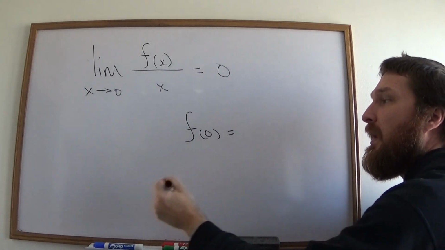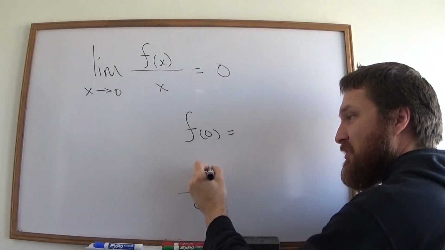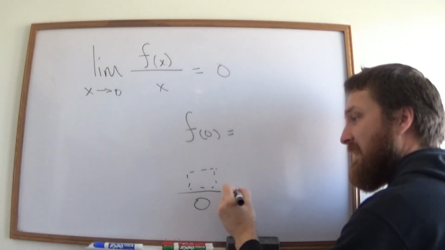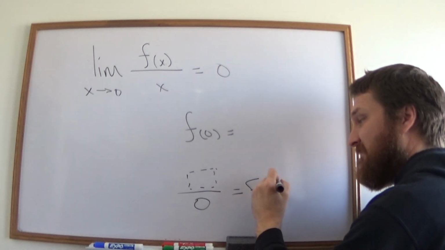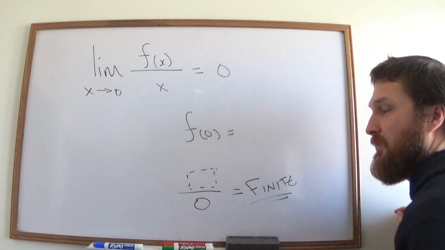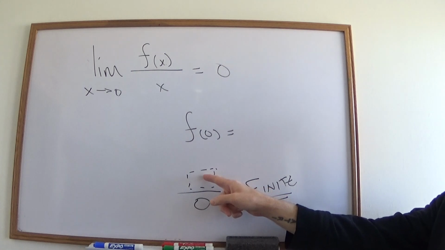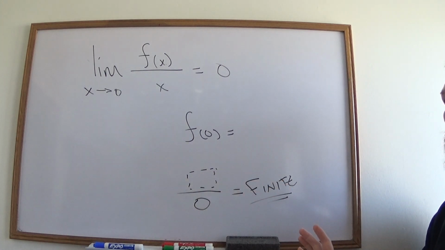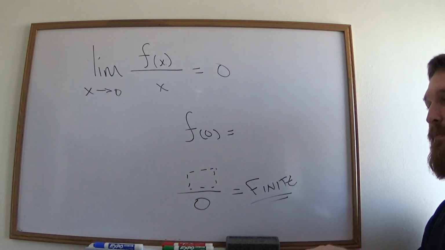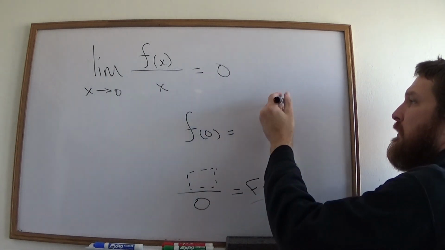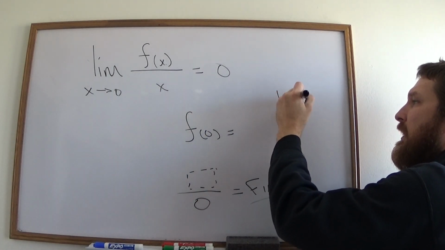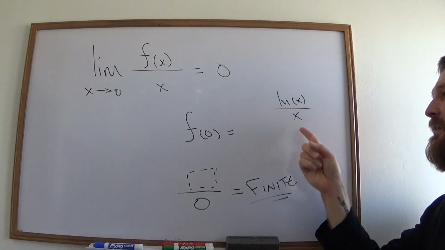The only way you could plug something in here and get something finite is if that's 0. And even then, sometimes that doesn't work, because it depends on how fast you're going to 0, like log x over x.